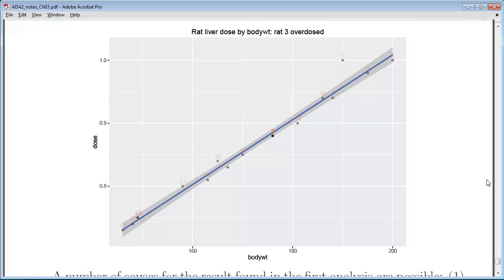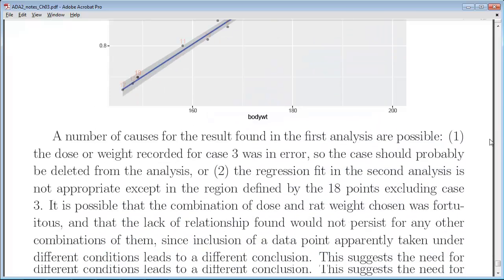If this was my experiment, I would go back to my experiment lab book that I was keeping as I was conducting this experiment, and look over my notes to see what might have happened. People make mistakes all the time. Out of 19 rats, here's one mistake. That's roughly a 5% error. That's not too bad for humans.